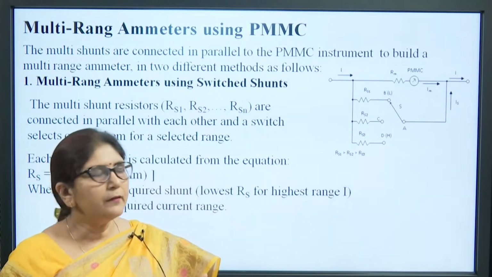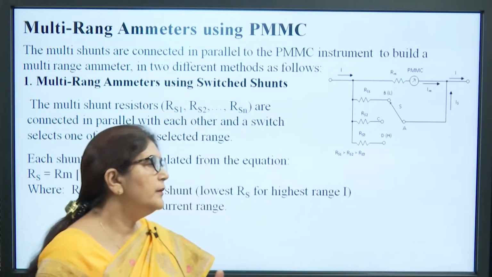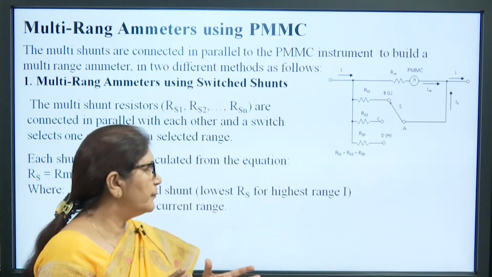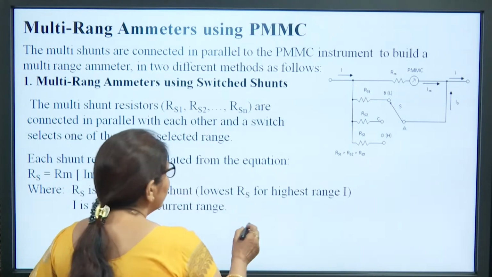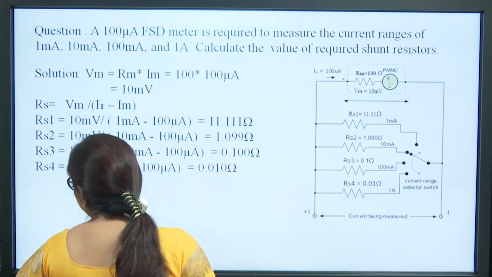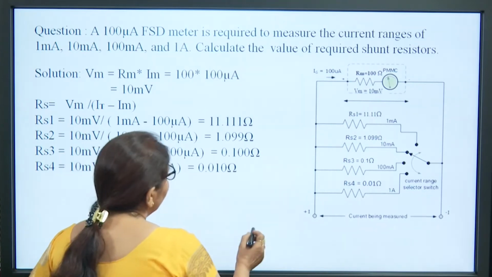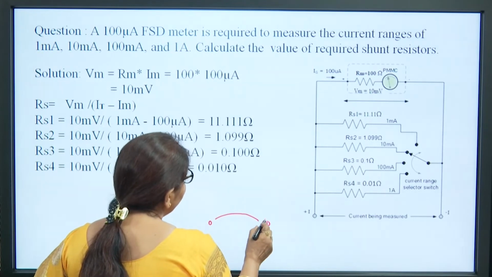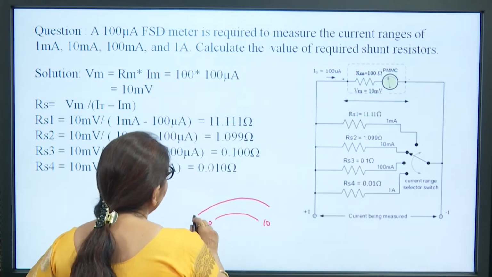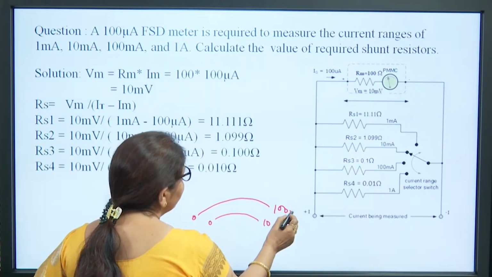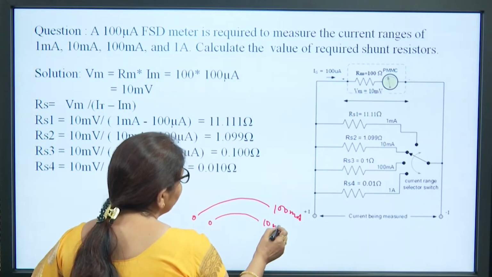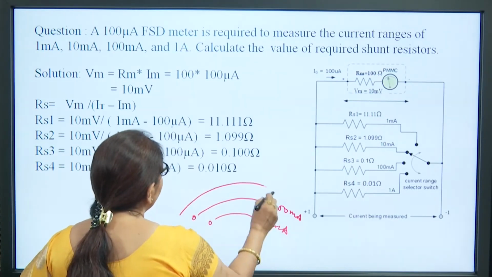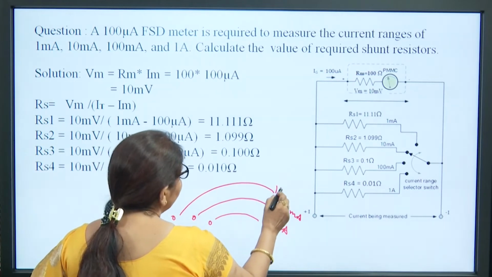Now, we can make a meter to measure different values of current, which means there are so many scales. One scale measures 0 to 10 milliampere. Next we need a scale that can measure 0 to 100 milliampere. We need one more scale, suppose it can measure 0 to 1 ampere.